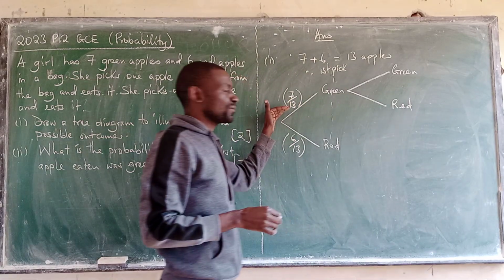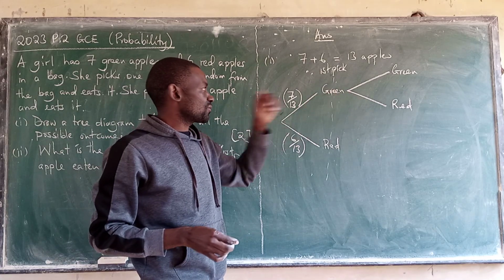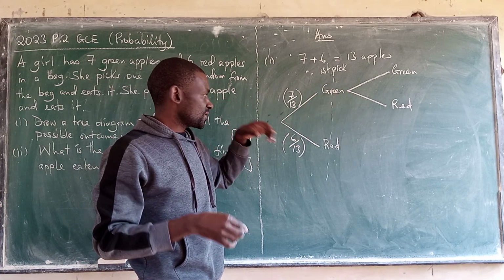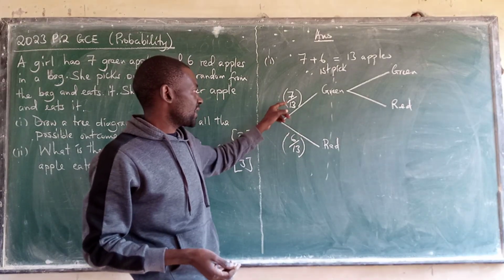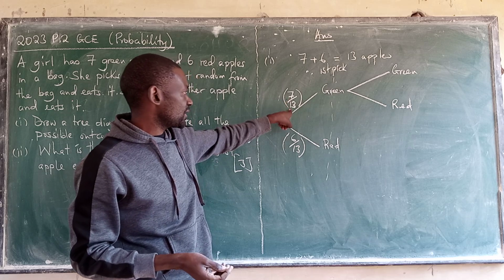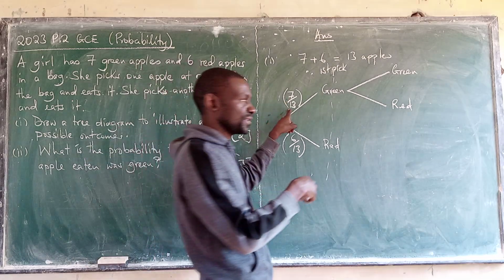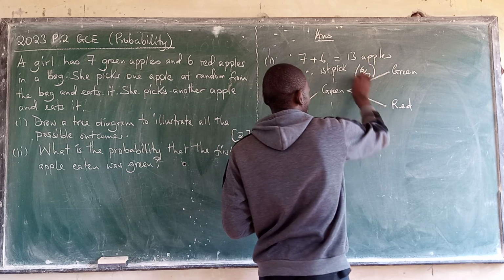So if the first one to be picked was green, the probability that the next one to be picked will also be green, we simply ask how many green apples are left in the bag. And you realize since one was picked, there are now 6 out of a total of 12. So the total also reduces. So we have 6 over 12 here.